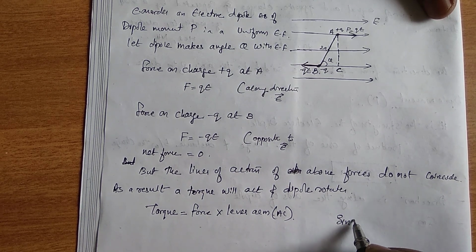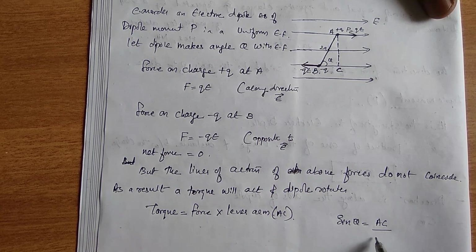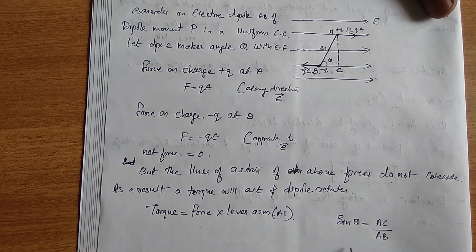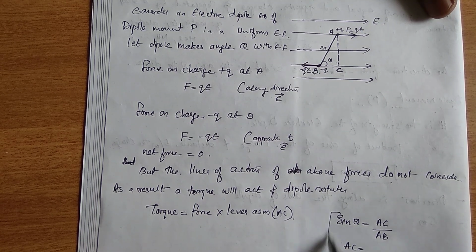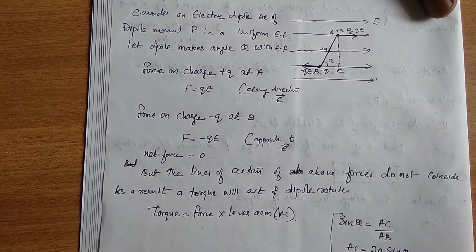For that, we consider sin theta. Sin theta is equal to the opposite side AC by hypotenuse AB. AB means 2a. Then AC equal to 2a sin theta.